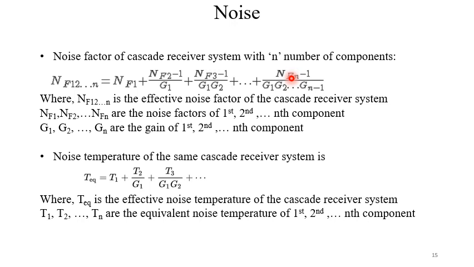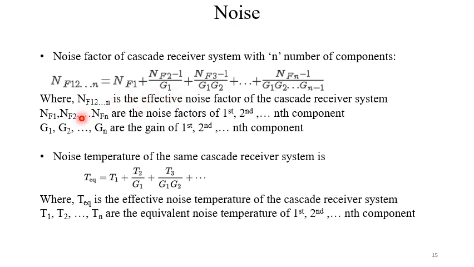If the last stage is n, then (NFn minus 1) divided by G1 G2 up to Gn minus 1. So this is the effective noise factor for the system of n cascaded receivers.